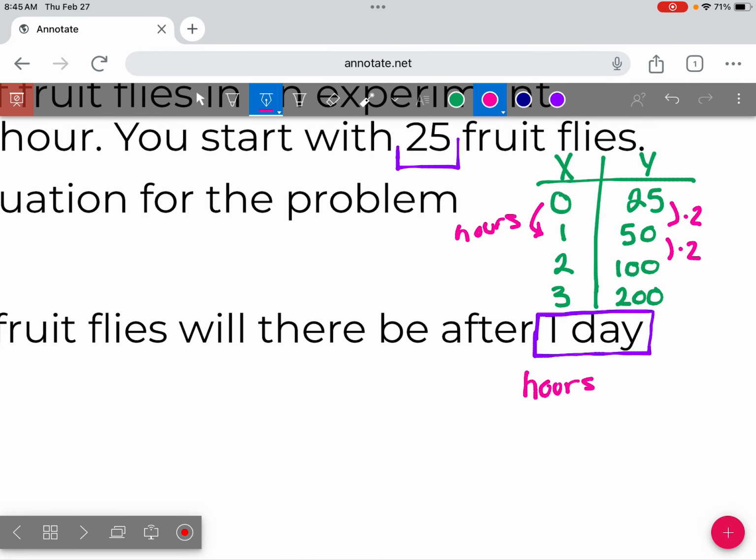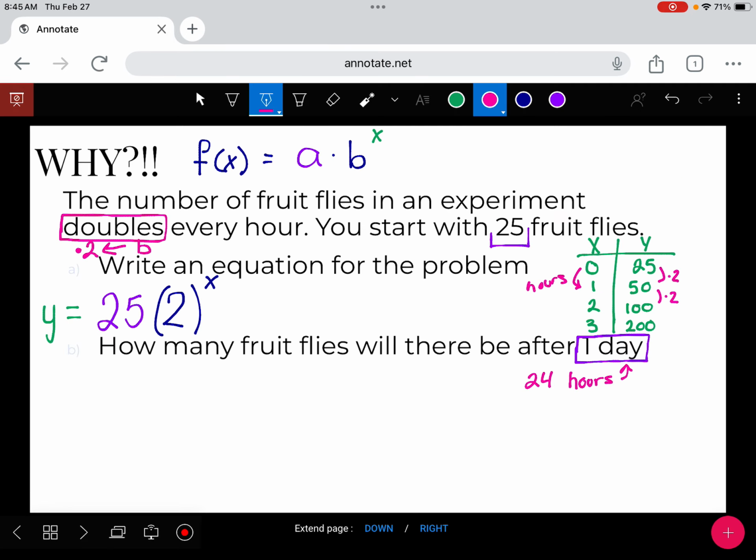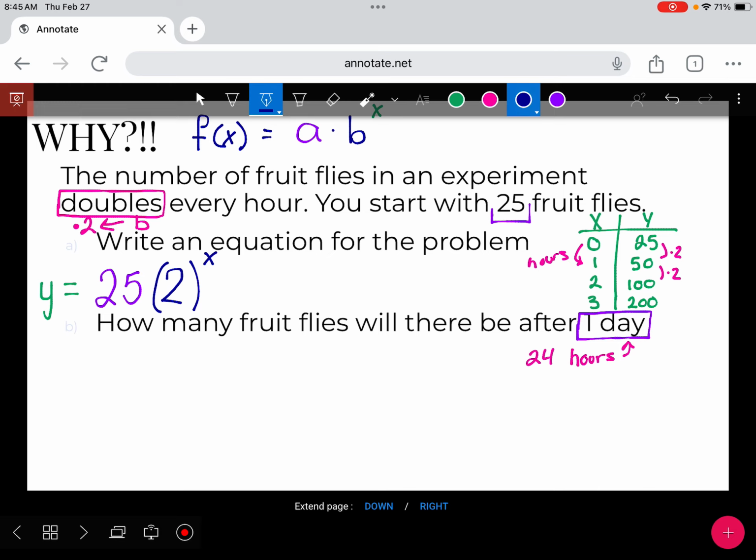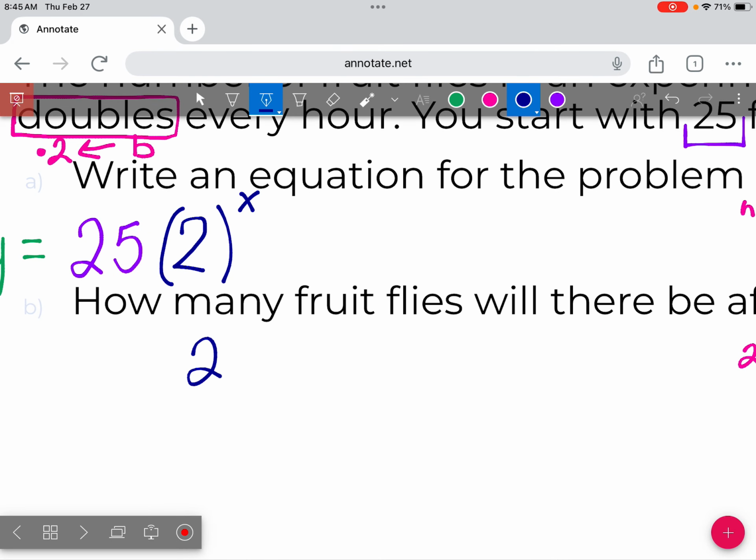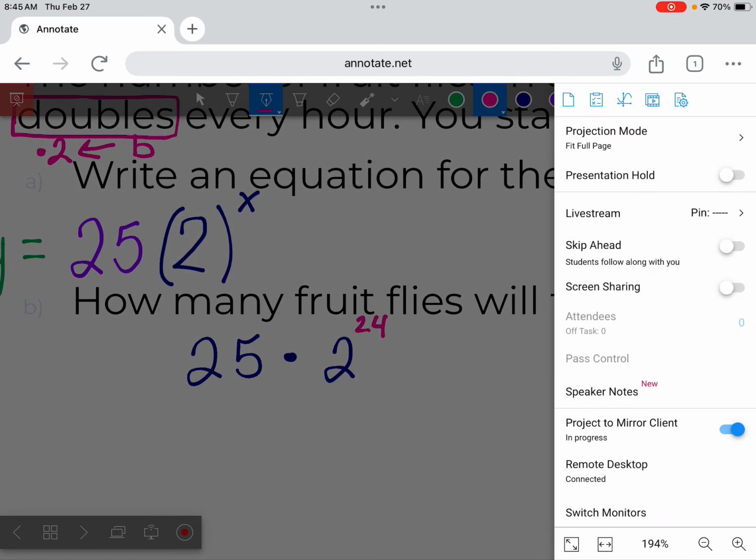How many hours make a day? 24. So instead of filling this table out all the way down to 24, what could I do with the 24? Put it in for x. So we could type into the calculator 25 times 2 to the 24 power.